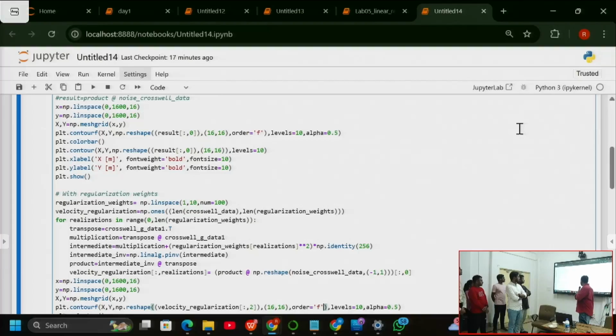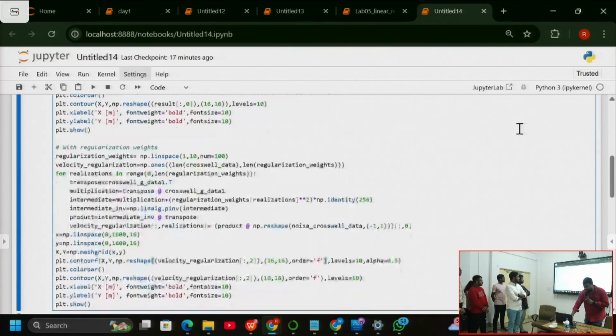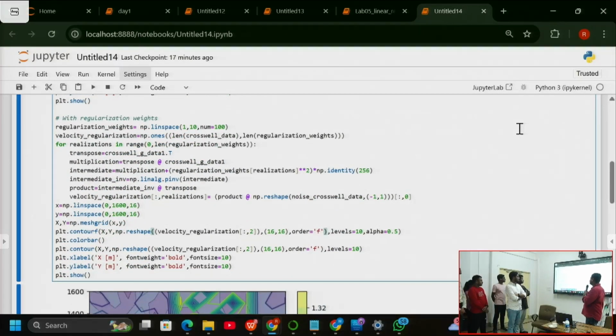So for regularization with weights, we randomly generated 100 different weights from 1 to 10, and did the same thing as earlier. We added one term, the regularization weight multiplied by the regularization term, and kept it in a loop so that it takes one value at a time and does the process every time.